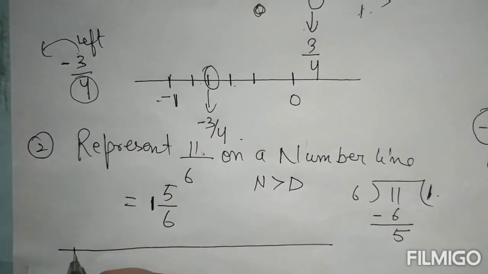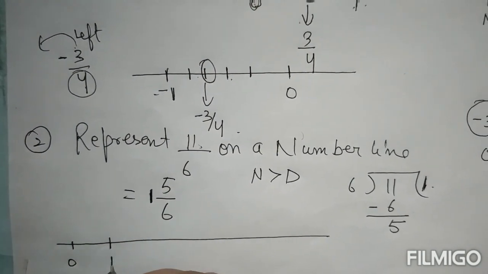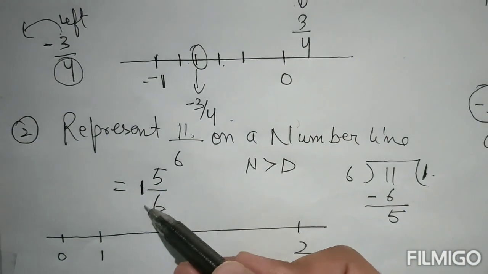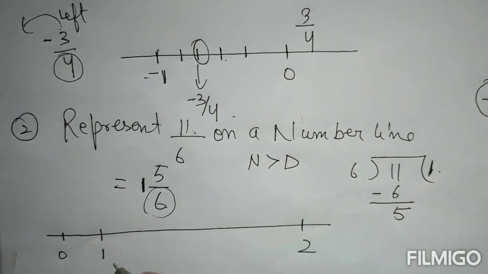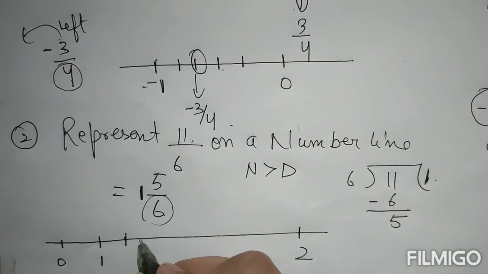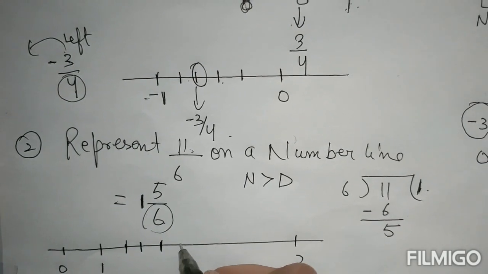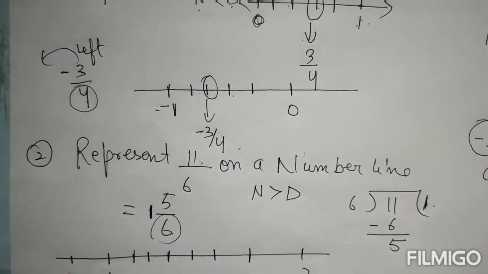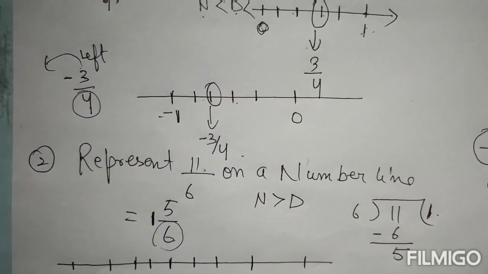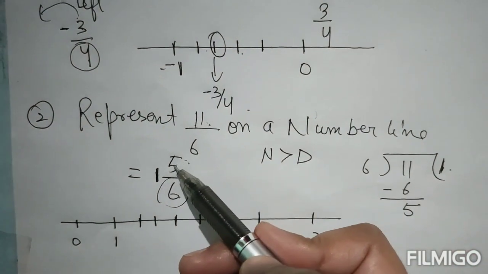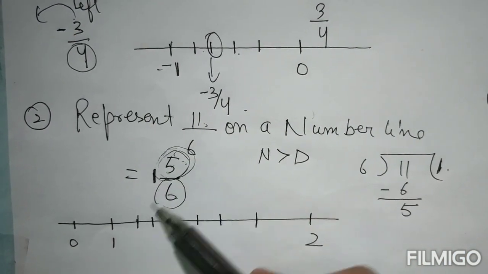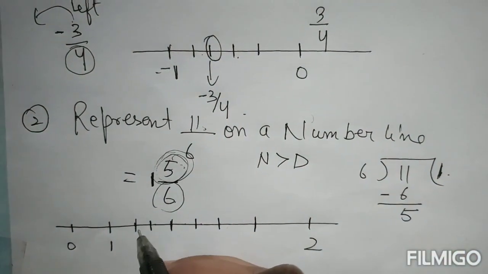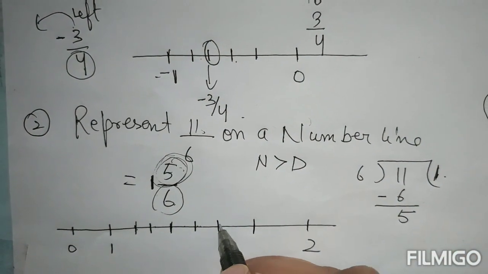Now look, suppose this is 0, this is 1 and this is 2. Now check the denominator to see how many parts you have to make. You have to make 6 parts. 1, 2, 3, 4, 5 and this is 6, the parts you have already made. Now check, the numerator is 5, so you have to move 5 to the right, that is 1, 2, 3, 4, 5.